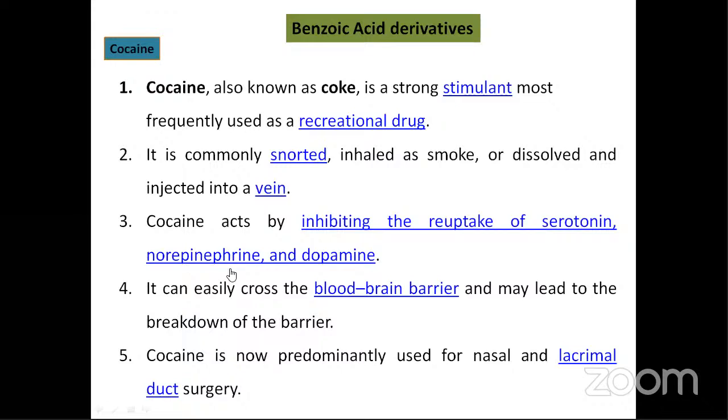They can easily cross the blood-brain barrier and may lead to the breakdown of the barrier. Because of the lipophilic property, they can cross the blood-brain barrier and produce the action easily. Cocaine is now predominantly used for nasal and lacrimal duct surgery.